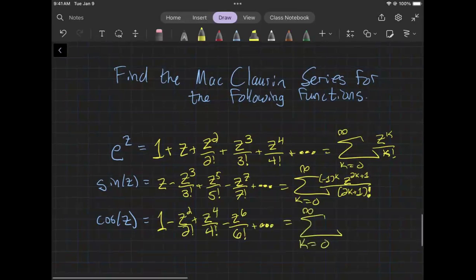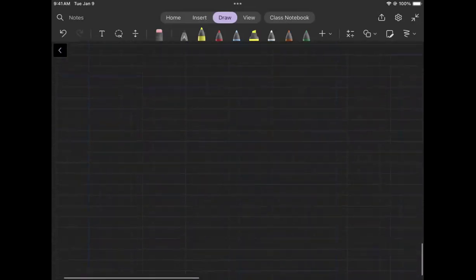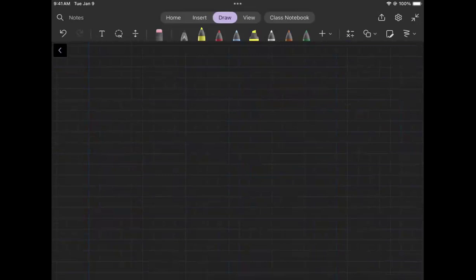The series representation looks like this: the sum of negative 1 to the k times z to the 2k over 2k factorial. So those should be the Maclaurin series, excuse me, the Maclaurin series for those three functions respectively. Okay, so that's important. So let's look at some examples.